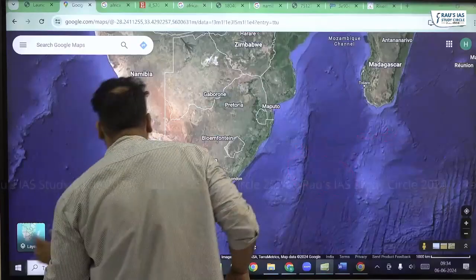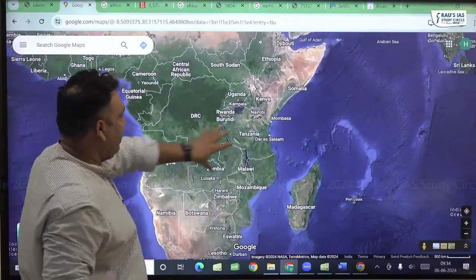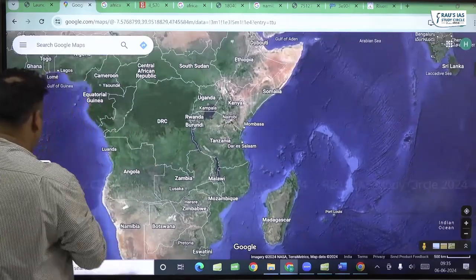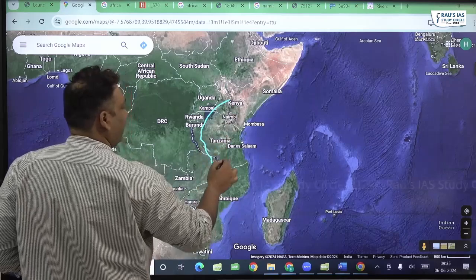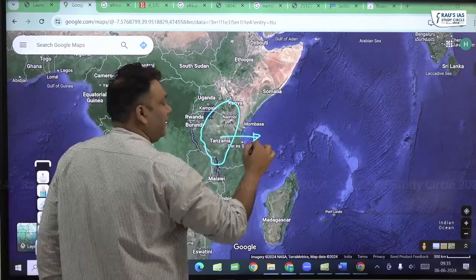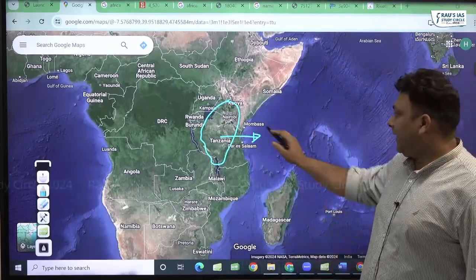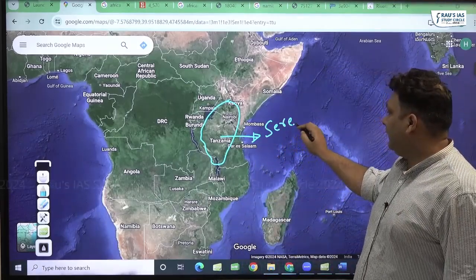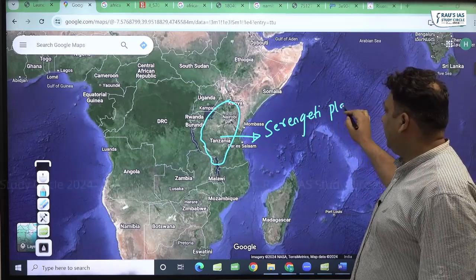So next, again, the region becomes important here. You have this area of Tanzania and Kenya. Again, here you have plains. Again, these are part of the African savanna grasslands. These are called the Serengeti plains.